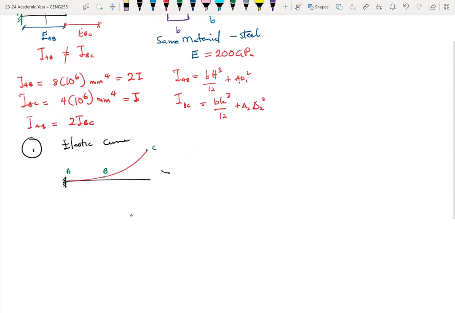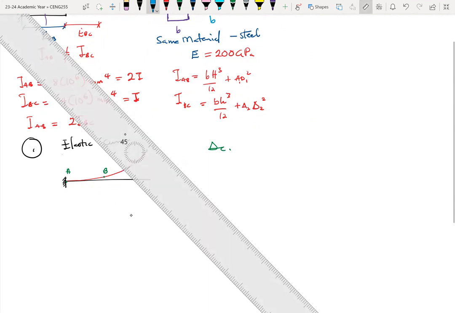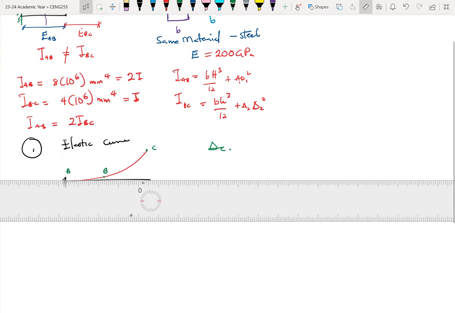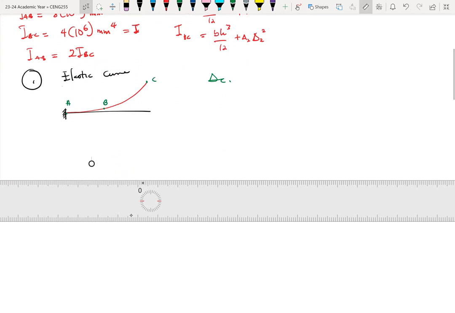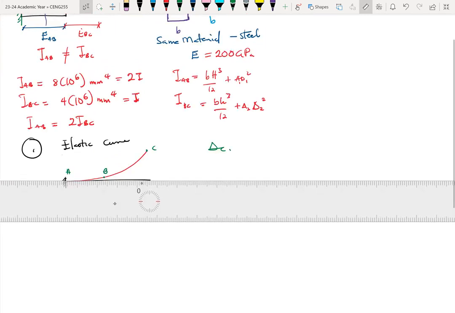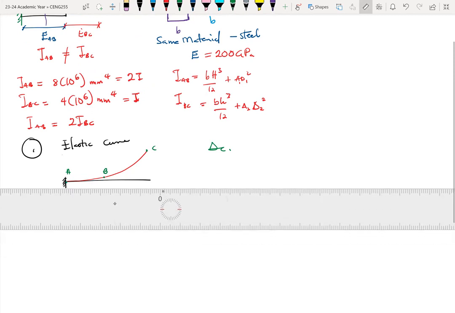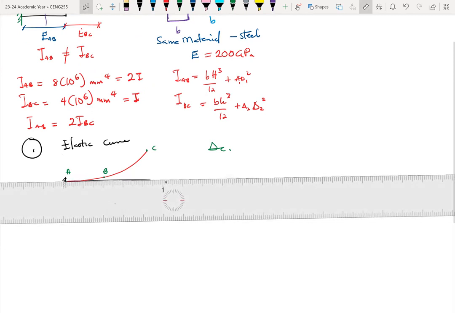Now, with this, I need to find delta C. So what I can do is draw a tangent from A. Thankfully, a tangent from A will be a straight line, because this is a fixed support, and for a fixed support there's no rotation. So this is the tangent at A.